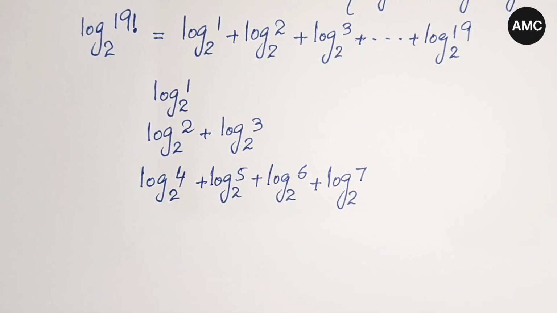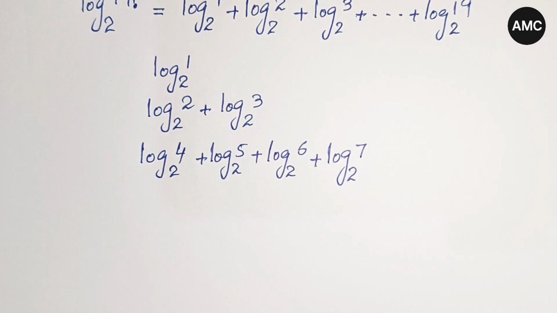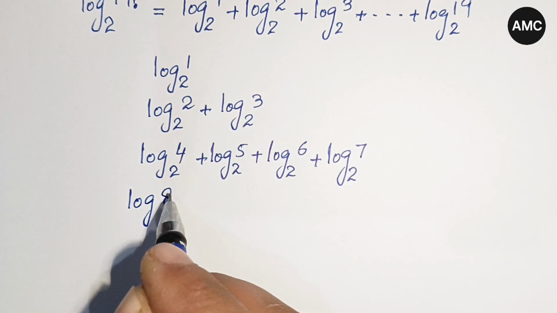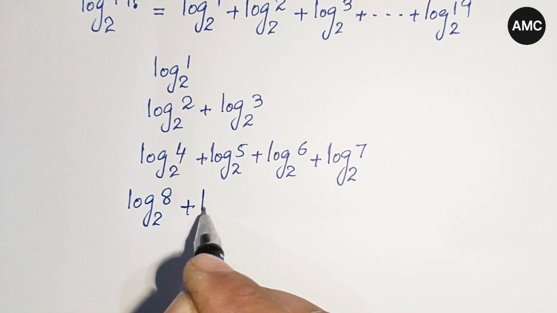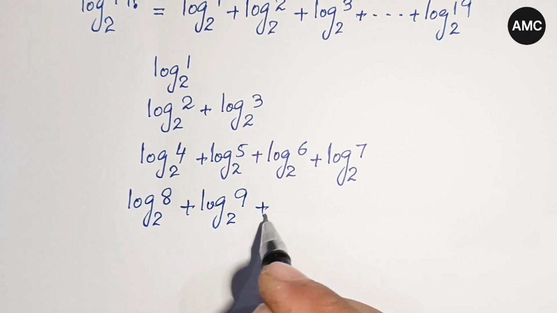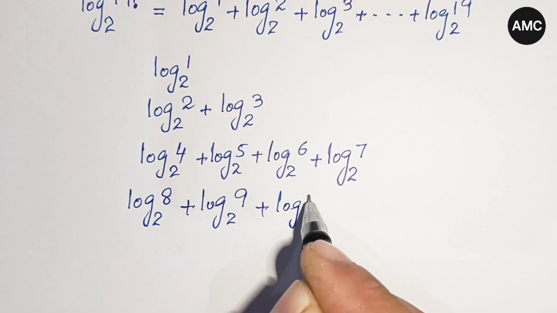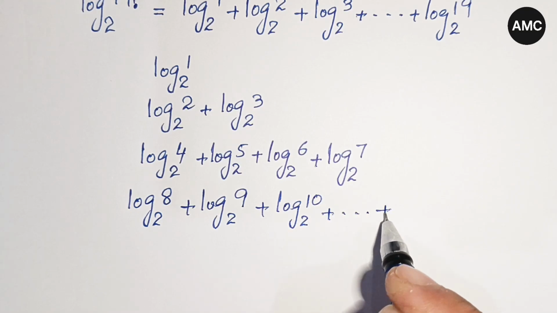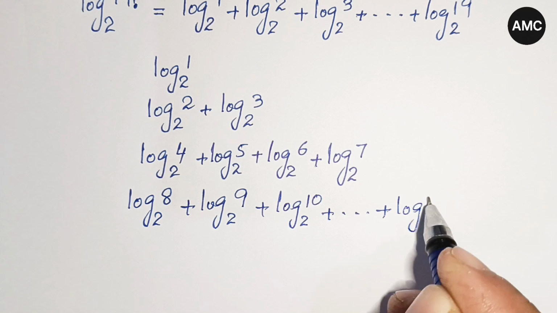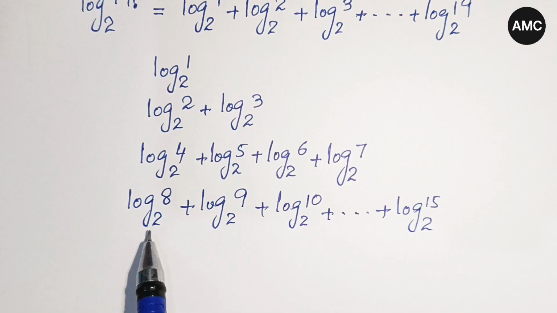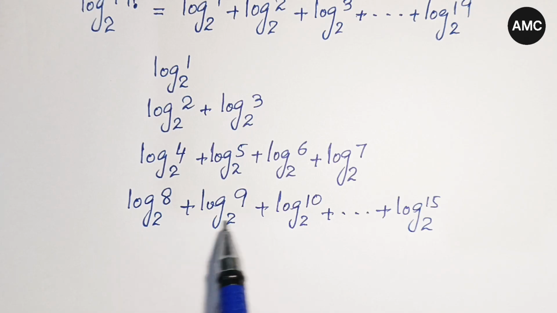Now we are going to write our fourth group. It is log 8 to base 2 plus log 9 to base 2 plus log 10 to base 2 up to plus log 15 to base 2. Here we have 8 terms.